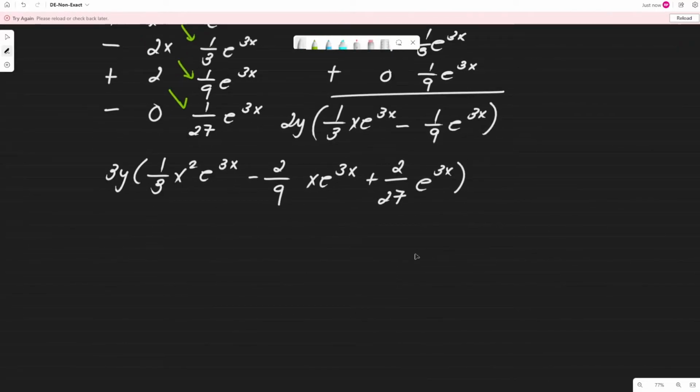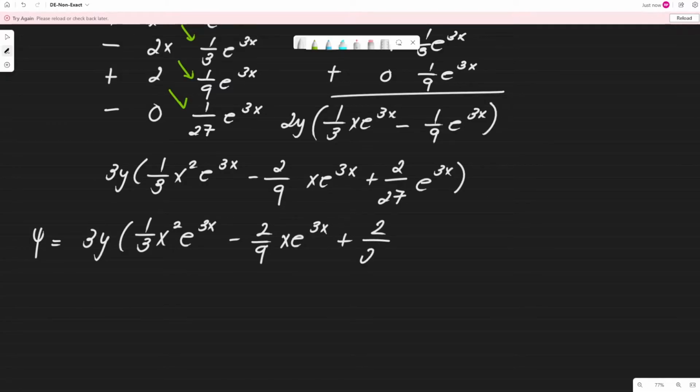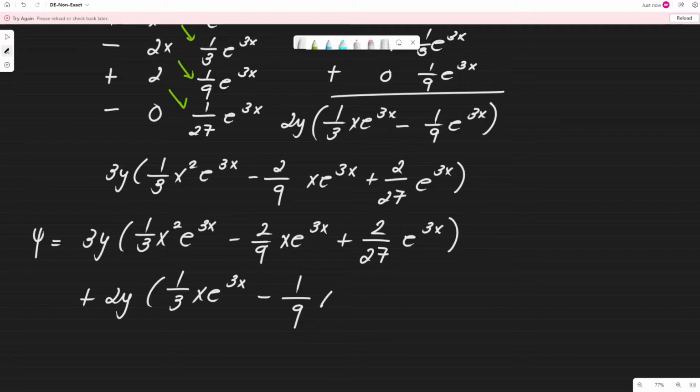So, we will have psi is equal to the antiderivative, or sorry, not the antiderivative, it's done already. 3y times 1/3 x squared e raised to 3x minus 2/9 x e raised to 3x plus 2/27 e raised to 3x, plus 2y times 1/3 x e raised to 3x minus 1/9 e raised to 3x.